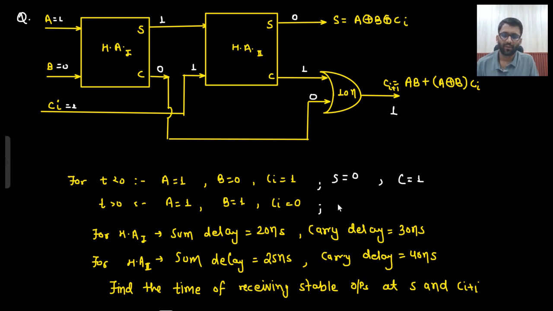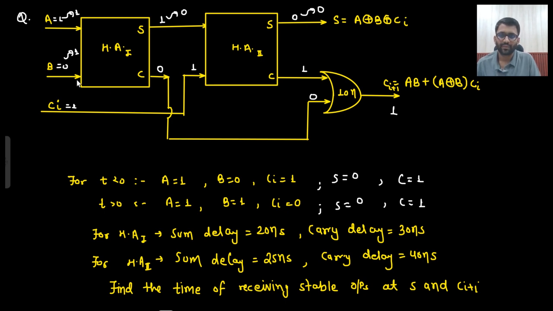And here, what will be the sum? In the next condition, the sum will be 1 plus 1. Again the sum is 0 and carry is 1. So this sum will become 0 only. Let's check it. A has become 1 only, and this has become 1. So 1 plus 1, this will become 0.